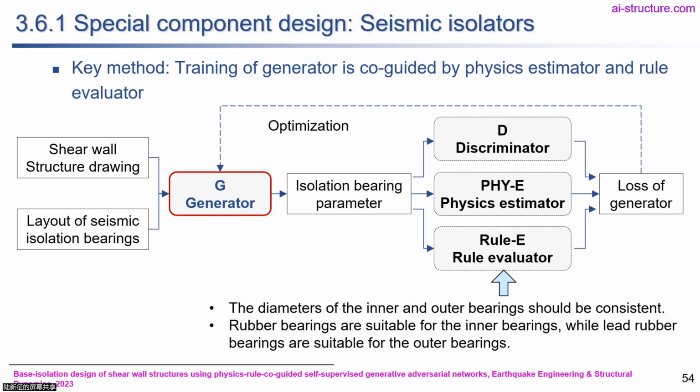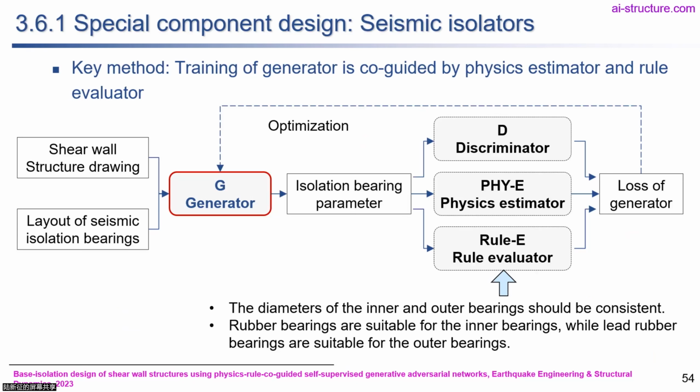We not only need to make the design similar to the human design and make the isolators satisfy the code and mechanics requirements, but also make sure the isolators satisfy some empirical rules. For example, all the isolators should have a similar diameter. Otherwise, the deformation capacity of the larger isolators will be limited by the smaller isolators.